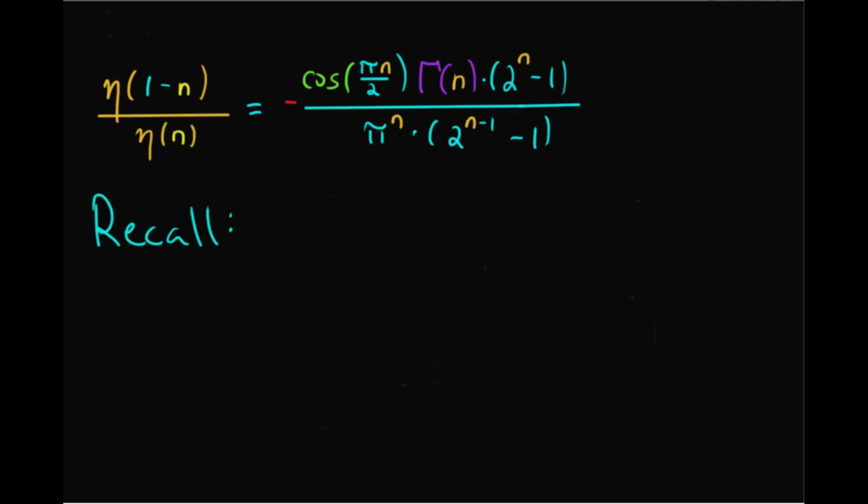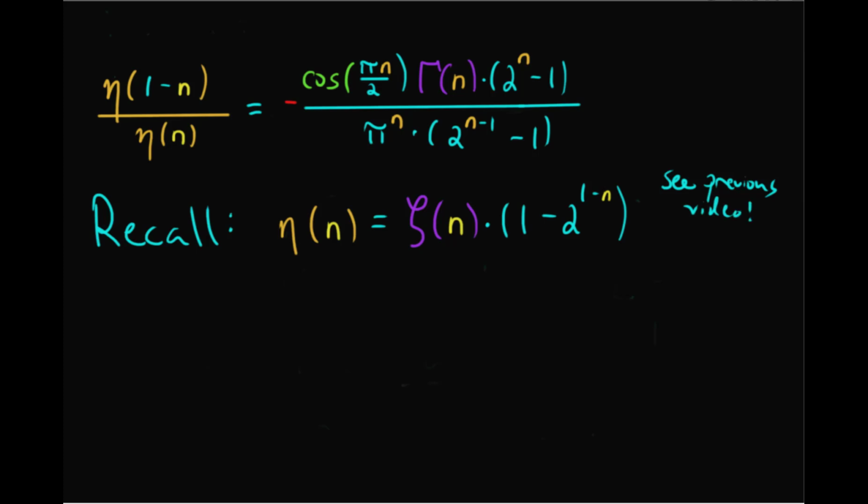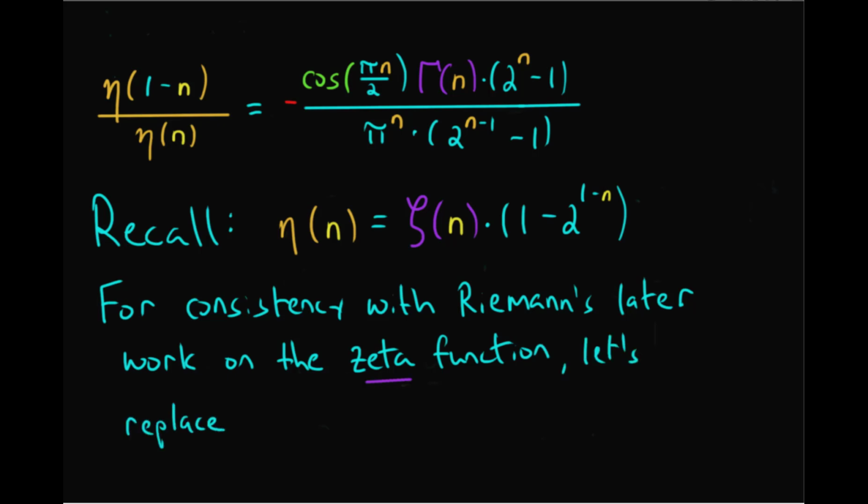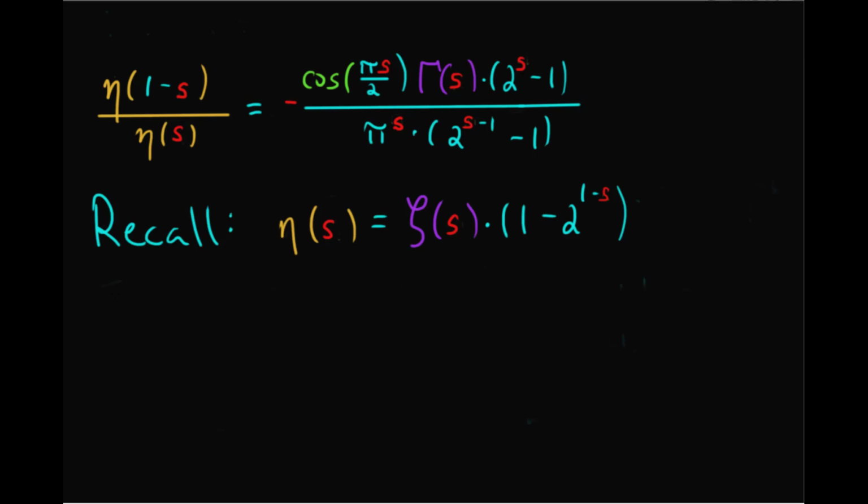Now let's first recall the relationship between the Eta function and the Zeta function. We have eta of n equals zeta of n times the quantity 1 minus 2 to the 1 minus n. Well, to maintain consistency with Bernhard Riemann's later work on the zeta function, I'm going to change our variable n to s. So we're going to write eta of s equals zeta of s times the quantity 1 minus 2 to the 1 minus s.